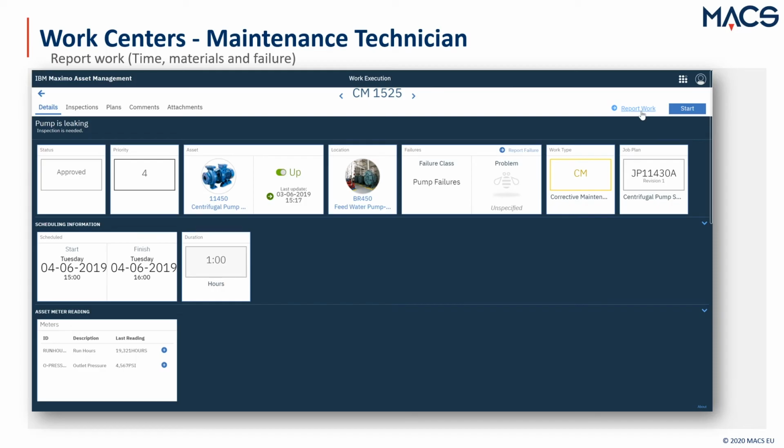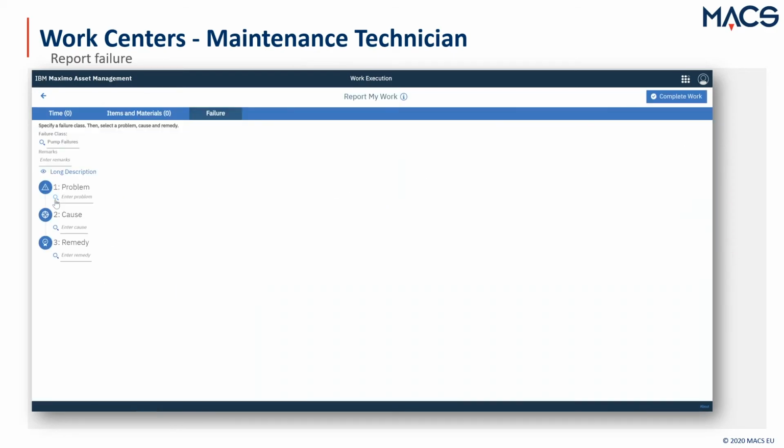And when the technician is done with his work, then of course it's important to report his work in case of time, material, and also failure. So he can click on report work and actually reports his work time, his items and materials that he has used, and also the failures that he has found and has solved by going through the problem cause remedy tree.